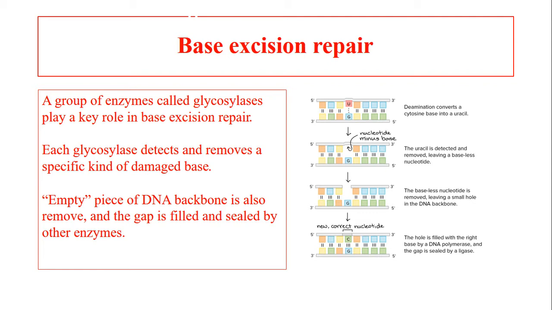During DNA replication, uracil will pair with adenine rather than guanine, as it would if the base was still cytosine. So an uncorrected cytosine to uracil change can lead to a mutation. To prevent such a mutation, a glycosylase from the base excision repair pathway detects and removes deaminated cytosine. Once the base has been removed, the empty piece of the DNA backbone is also removed, and the gap is filled and sealed by other enzymes.